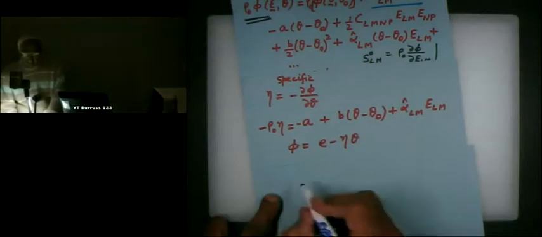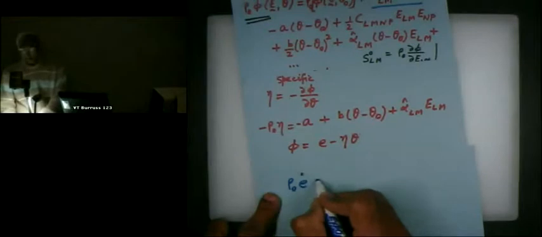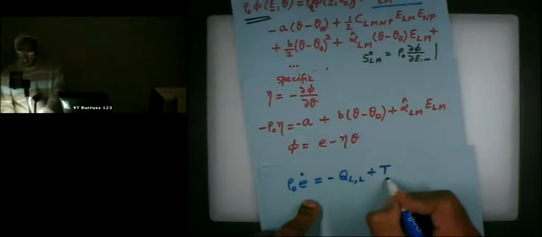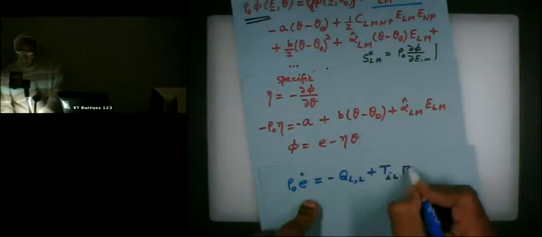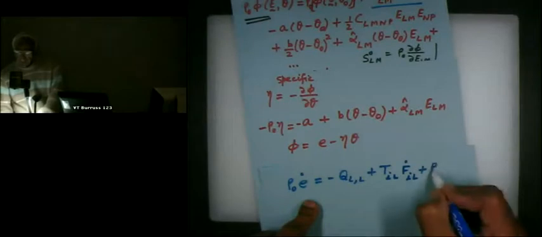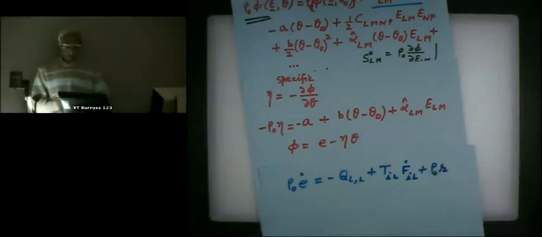Balance of internal energy says rho 0 E dot equals minus QL comma L plus TIL F dot IL plus rho 0 R. That's the balance of internal energy.